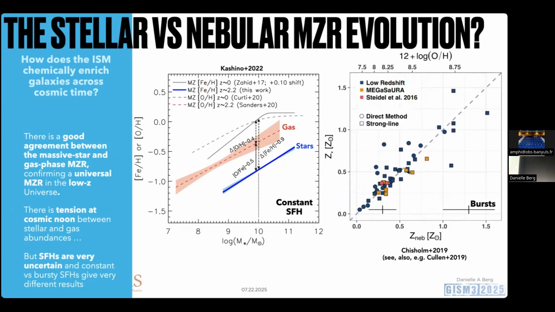So one of the things we do to try to understand our stellar mass is we'll run these different models. And we tend to find, if we're using constant star formation history in some of these things, that we always see this offset between what we measure in the gas and the stars, even at higher redshifts or just at low redshifts. And then Gallazzi 2019 did a different work, started looking at both redshift 0 galaxies in blue, and then Megasaura around redshifts 1 to 3, and the Steidel points from 2016, and measured it with linear combinations of bursts.